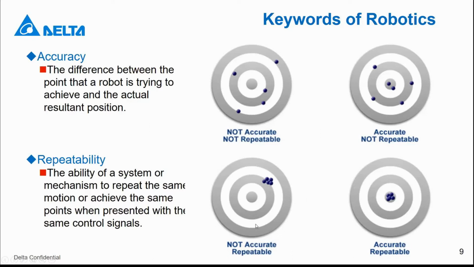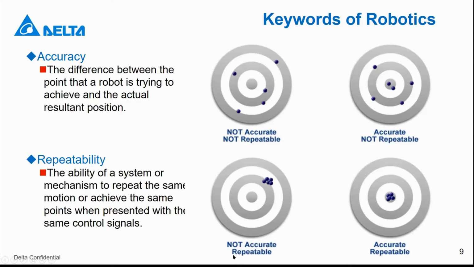Let's see the third picture. You can see all the dots are on the same point. They are not random, but these points are still not on the target. So we will say this robot is not accurate because it cannot reach the target well, but all the dots stay at the same point.